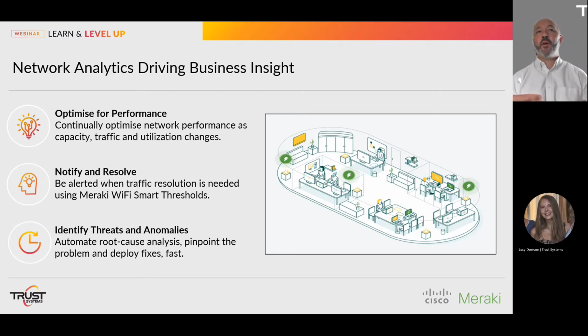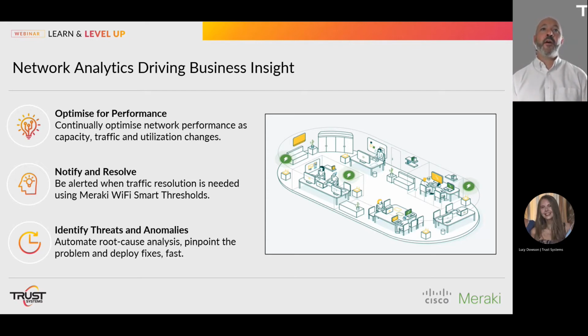can put notification and resolution thresholds within the dashboard. That again is just becoming more meaningful, making sure that that baseline network is stable to deliver and provide that connectivity layer out to customers.